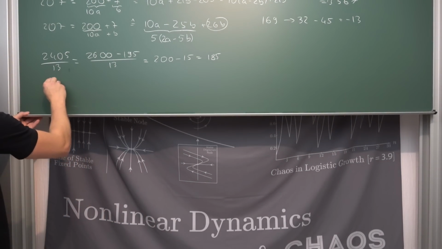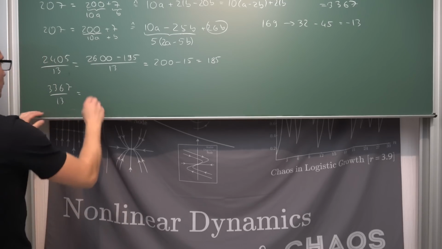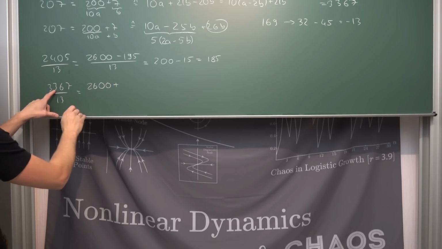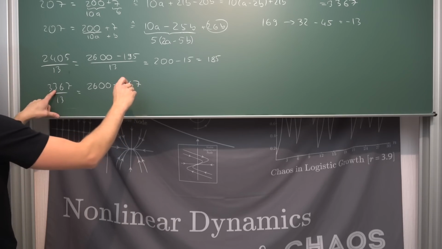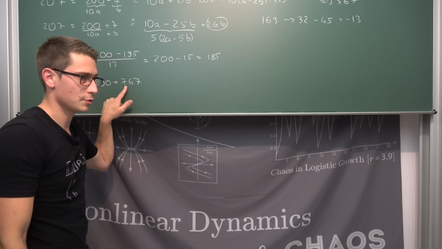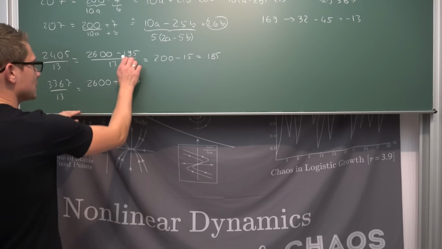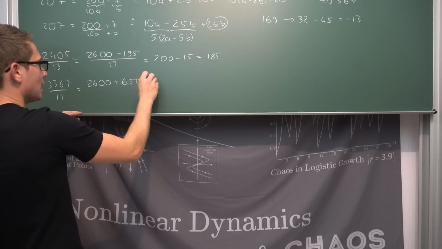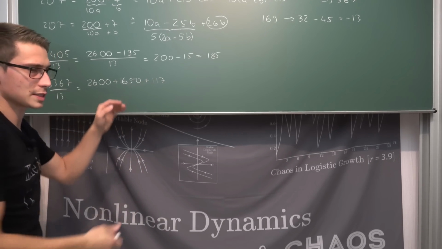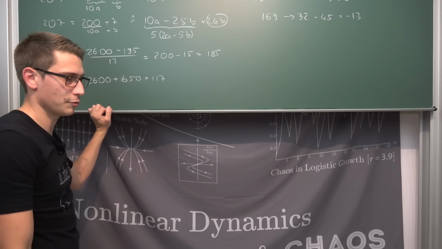And what about 3,367 divided by 13? What's next to it is 2,600, for example, plus, okay, then we are going to get 767 left. What's next to it? 13, 26, 39, 52, 65 yet again. So 650 plus 117. 117, so 65 times 2 is 130.